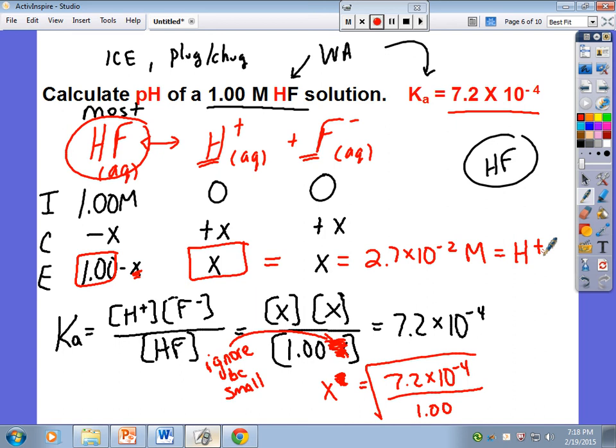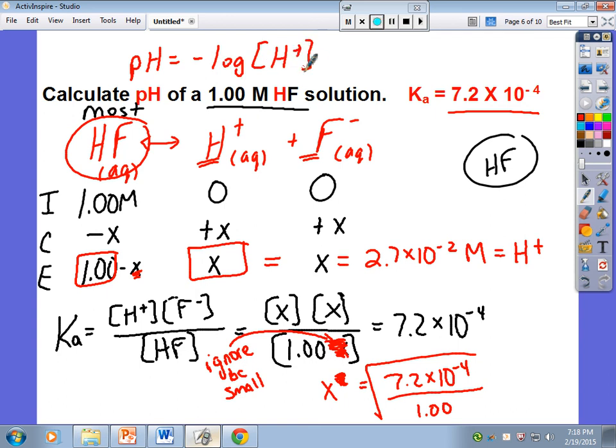And that's nice because that tells me that that's my hydrogen ion concentration. Now, why do I need to know that? Because what am I trying to find here? Oh yeah, I'm trying to find the pH, which means I need to plug this back in to my pH equation, which is pH equals negative log of my hydrogen ion concentration. So if I plug in that 2.7 times 10 to the minus 2, what do I get?